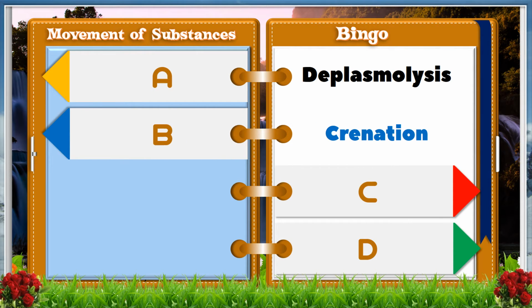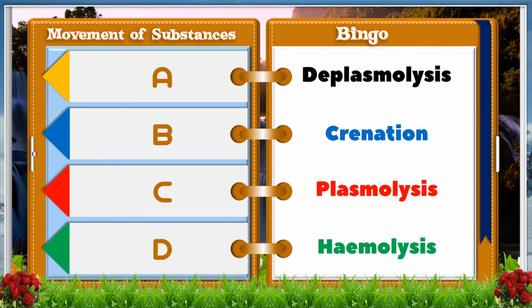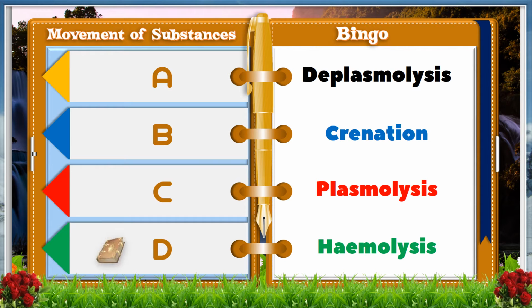B. Crenation. C. Plasmolysis. D. Haemolysis. And the answer is D. Haemolysis.